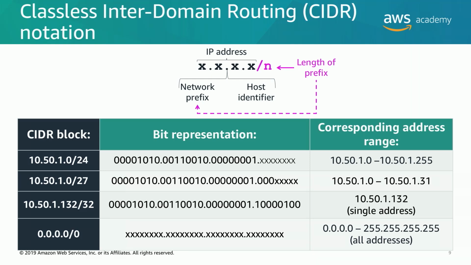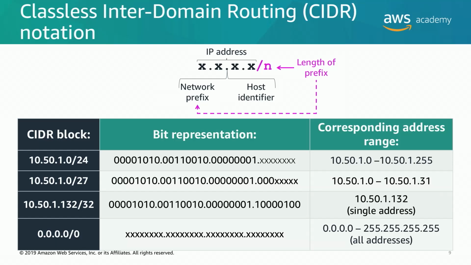The network prefix identifies the network, and the host identifier identifies the host. /n specifies the length in bits of the network prefix portion of the IP address, starting from the leftmost bit. For an IPv4 IP address, the value of n can be between 0 and 32. In a VPC, the value of n is restricted to between /16 and /28.